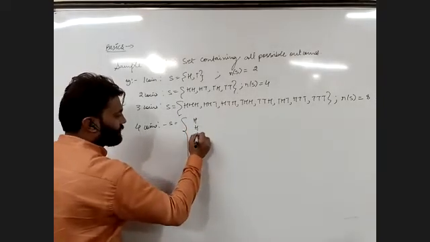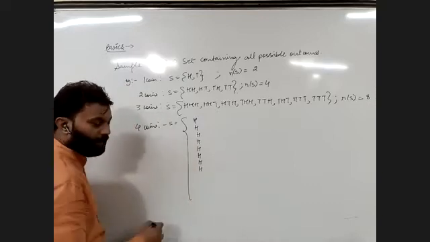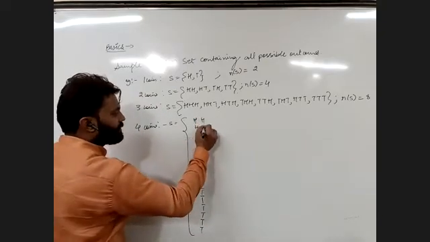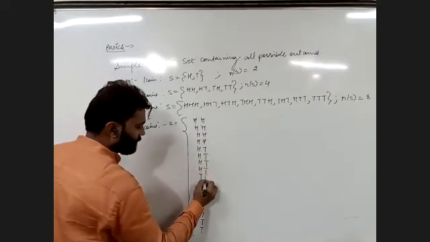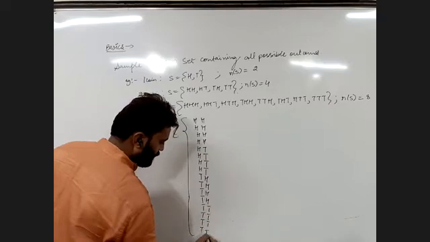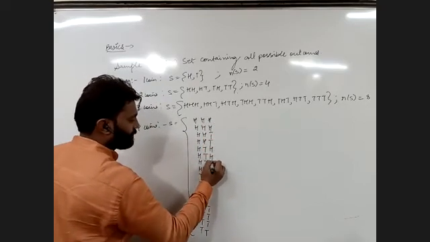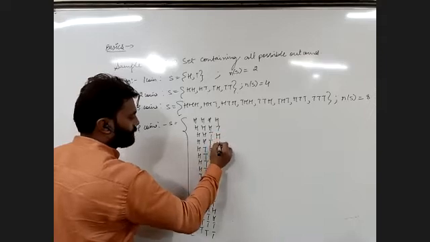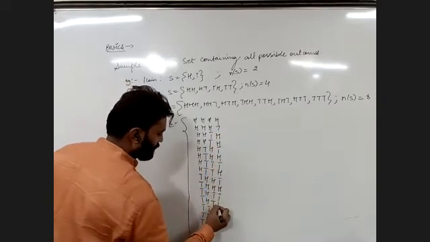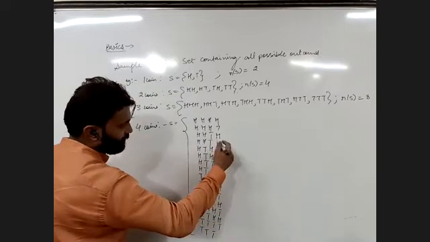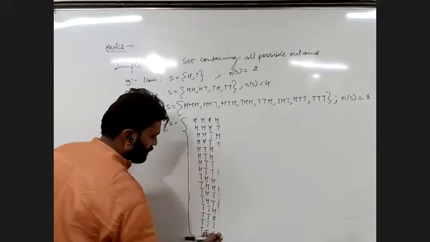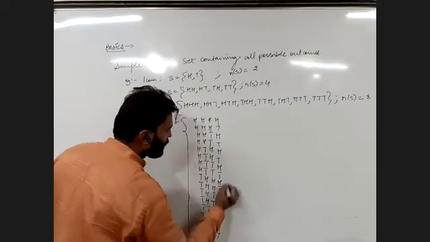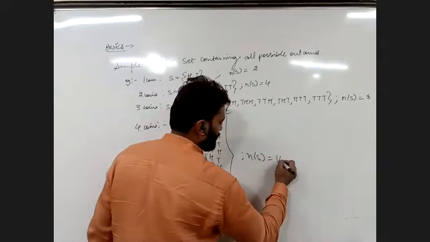So write 8 times H and 8 times T. Then 4 times H, 4 times T. Two times H, 2 times T. One H and one T. So the number of possibilities is equal to 16.